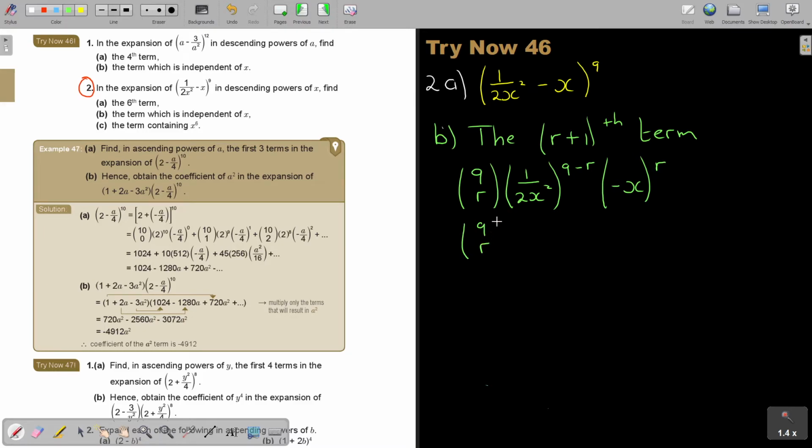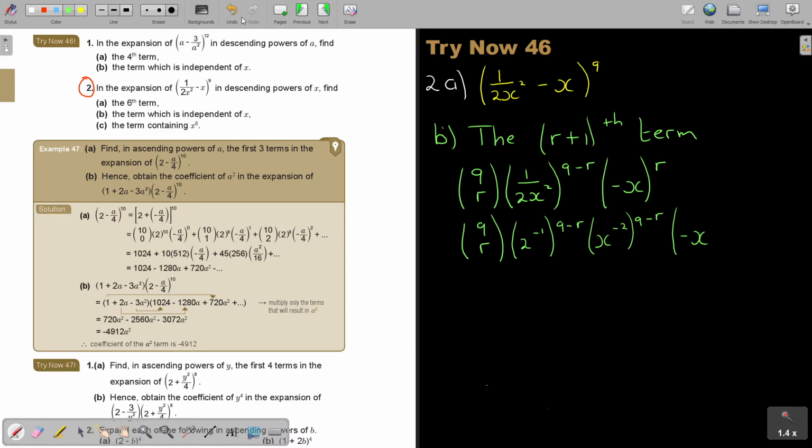Okay, this one is fine. Now, if I do this one, then let's make a half. So if I bring the 2 up, it's 2 to the negative 1, and then it's 9 minus r. And then my x, bring it up, so it's x to the negative 2, and it's 9 minus r, and it's negative x, and it's r.